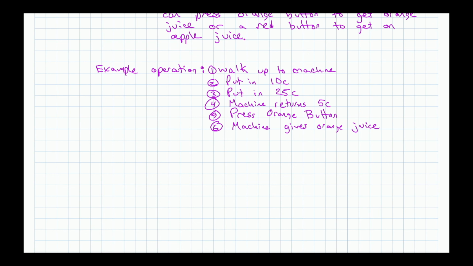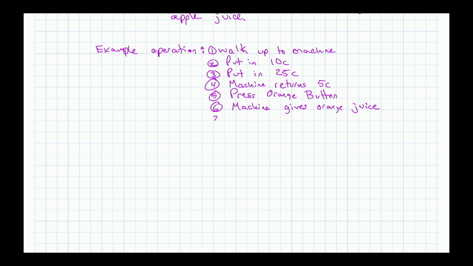That's it. After it gives you the orange juice, that was your money, so it goes back to its original state, which we don't know about states yet. We're going to learn in a second. The machine goes back to the starting state.